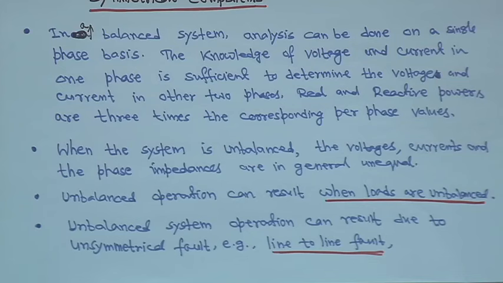This is one thing. Loads being unbalanced means all the 3 phase loads may be different, and this is more applicable to the low voltage distribution system, for example in our country the 11 kV distribution system, or in other parts of the world.